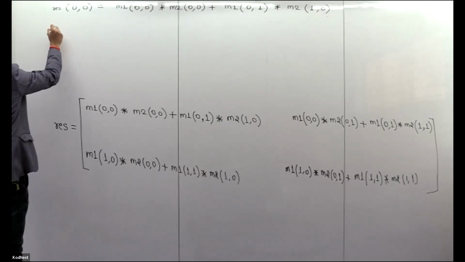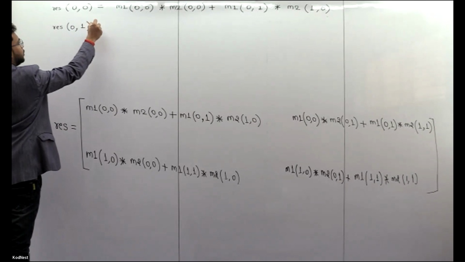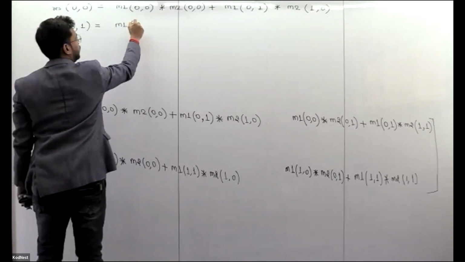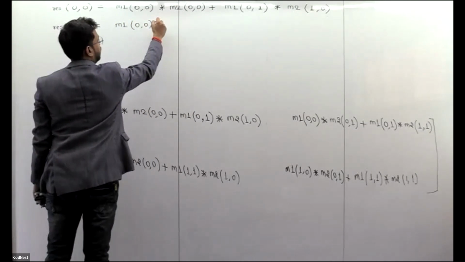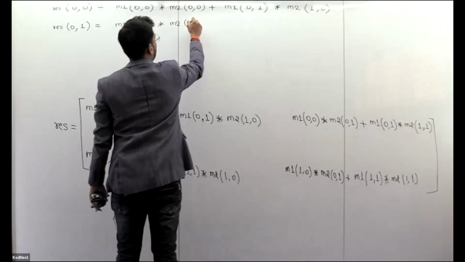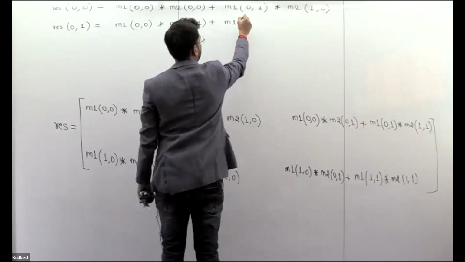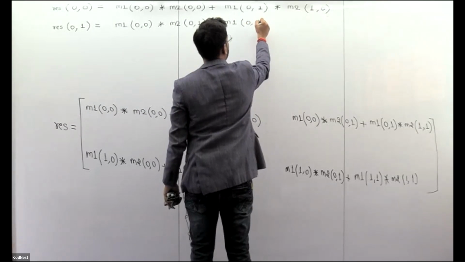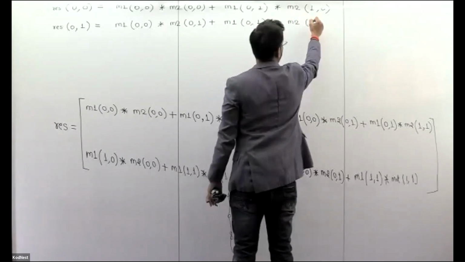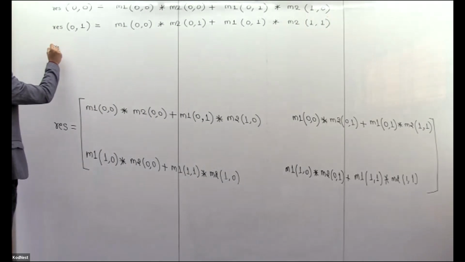If I want to get result 0,1, it is M1 0,0 multiplied with M2 0,1 plus M1 0,1 multiplied with M2 1,1. Okay. Next, I will write result.